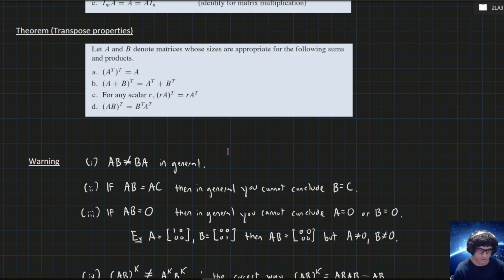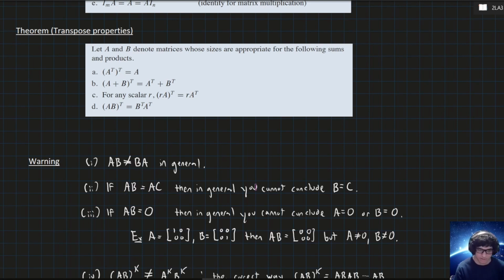Here's a consequence of that. If you have AB equals AC, then in general you cannot conclude that B equals C. If these were real numbers, you would just cancel out the A's. You can't do that with matrices.